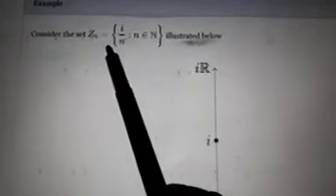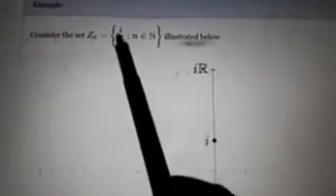Similarly, consider the set Zn equal to i/n, where n belongs to the natural numbers. In that set we have i, i/2, i/3, and so on. 0 is an accumulation point here.